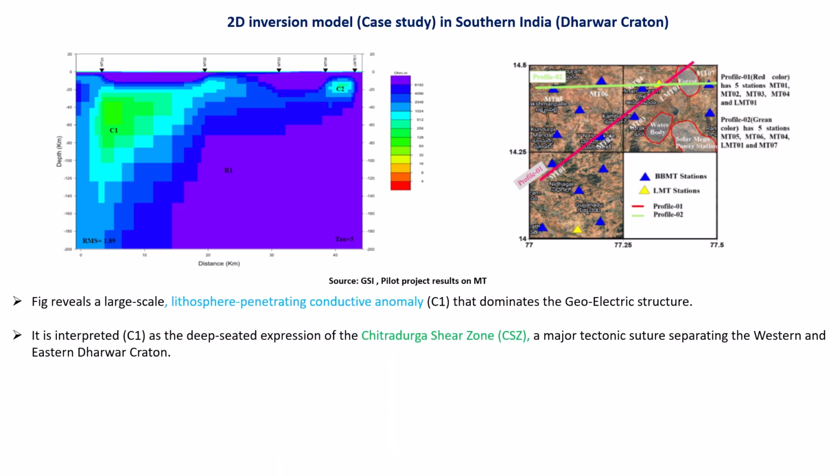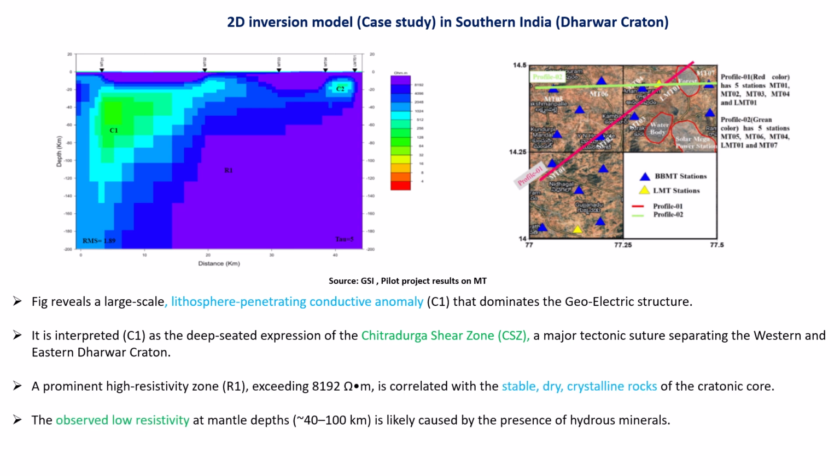So you can see the conductive anomaly zone C1, which can be interpreted as a deep-seated expression of the Chitradurga shear zone geologically, a major tectonic region separating the western and eastern Dharwar craton.